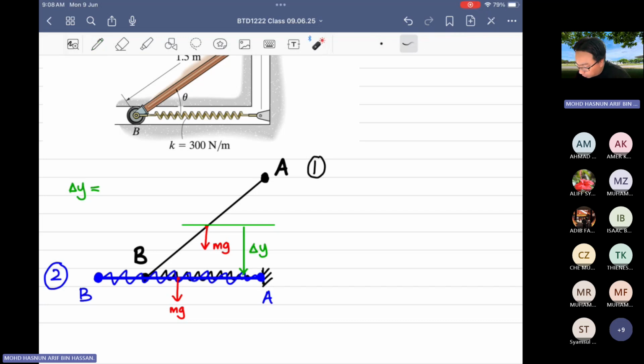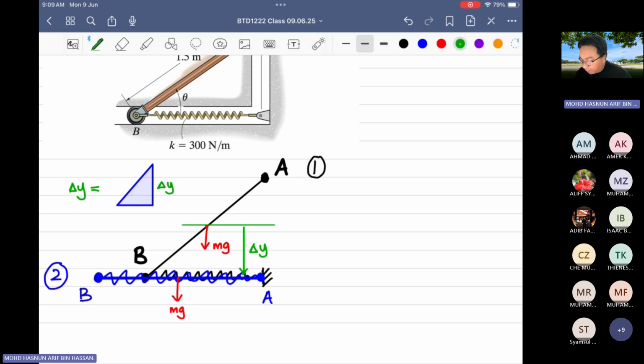If you look closely, you can get a triangle from here to here and like this. So the vertical side is delta y. Let's take out that triangle and put it here. We have a triangle like this. So basically our delta y is here, right?